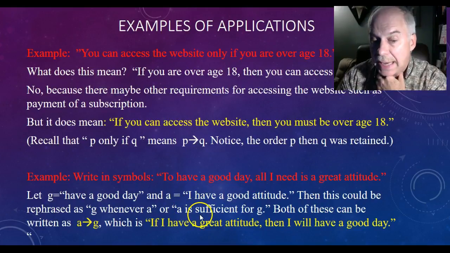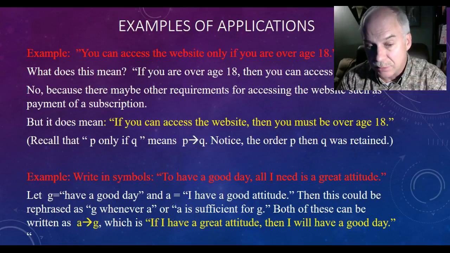Or A is sufficient for G. In other words, it's sufficient for me to have a great attitude for G to be true, for me to have a good day.